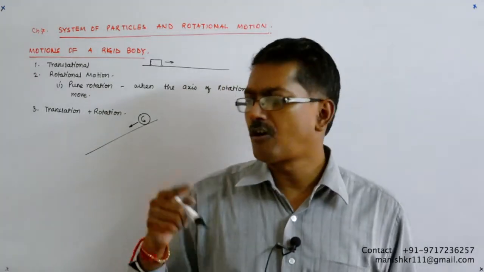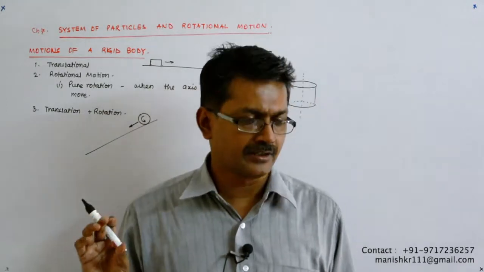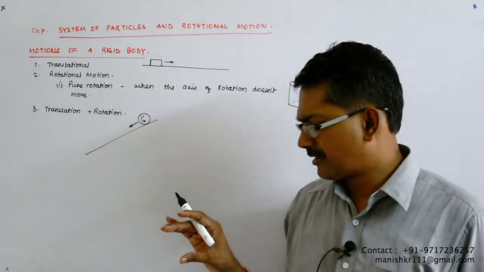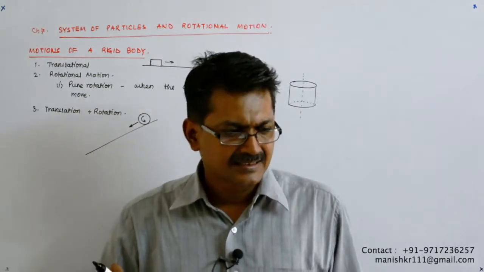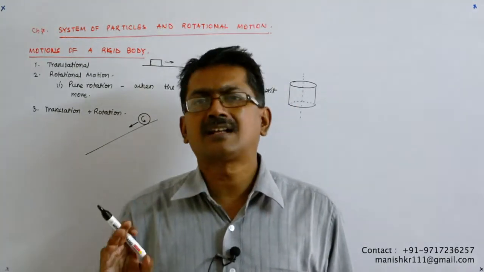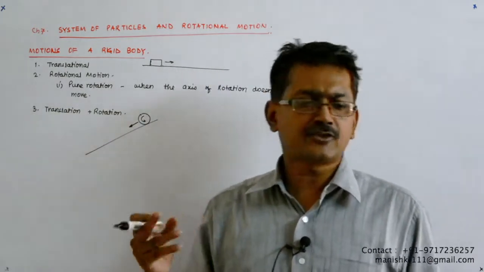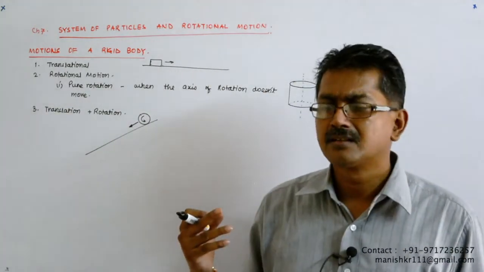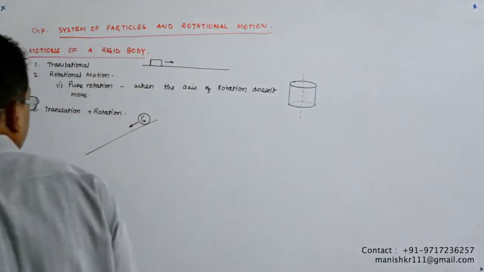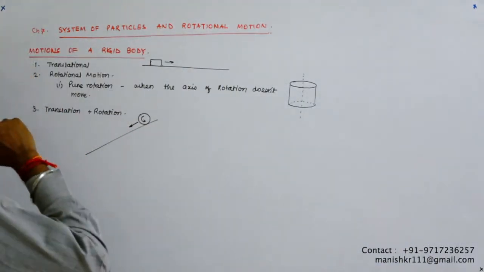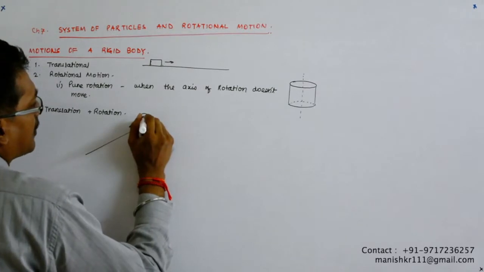If it was not rolling, then even this sphere, if you left it from here and it went without rolling, it skids. That is a pure translation. If it starts rotating, then and only then it is rotation.